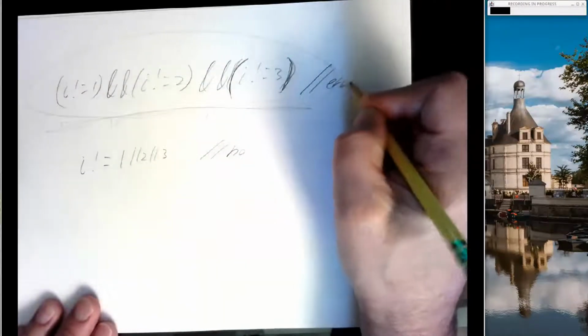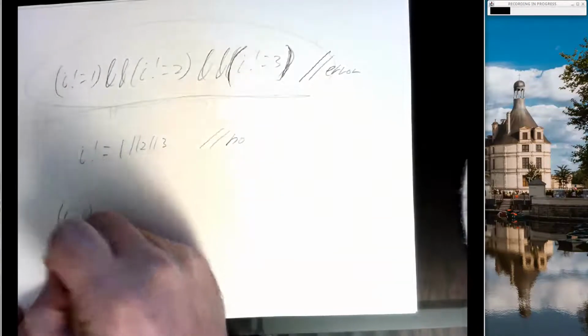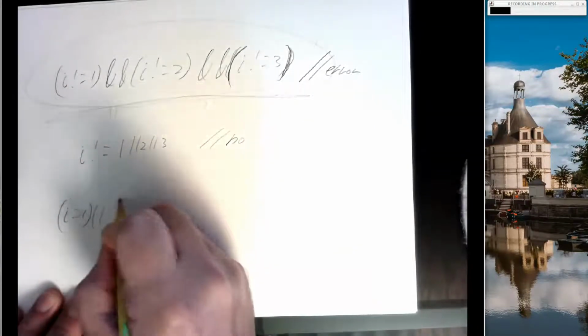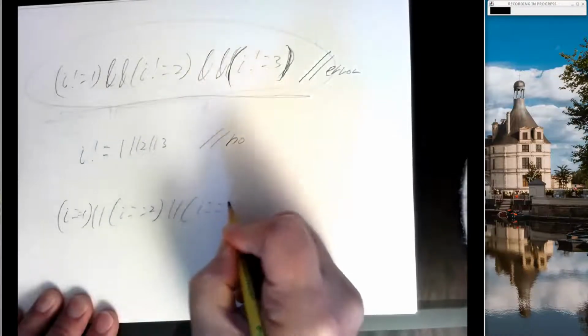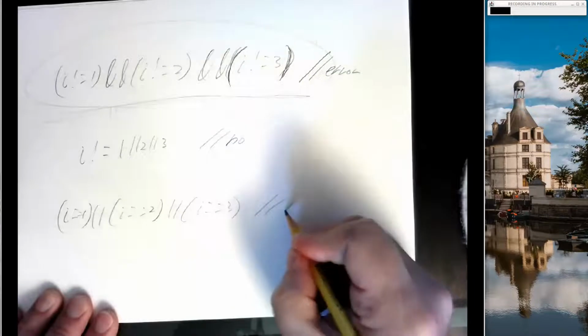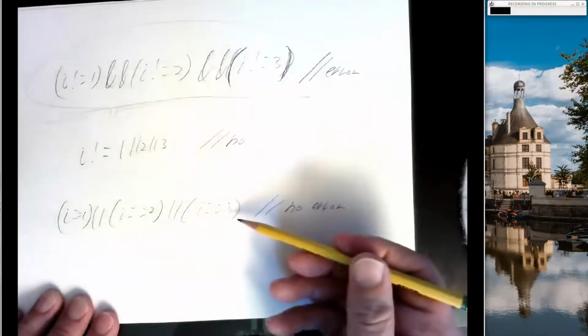And so this is the condition for an error. The condition for a non-error would be i equals 1 or i equals 2 or i equals 3. That's no error. So this is actually the opposite of that.